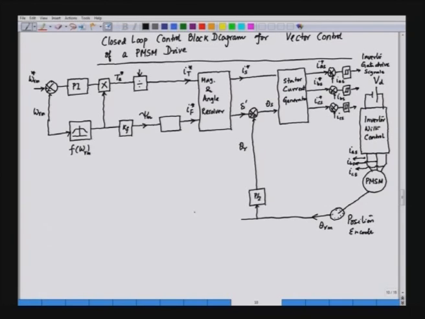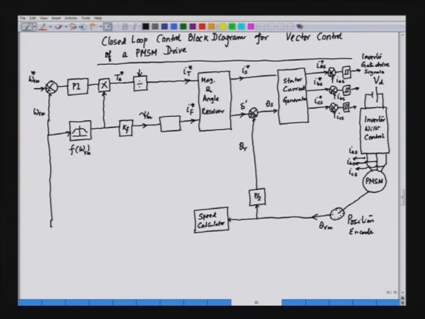So, we have here the speed calculator, to which we feed this theta Rm, and what we obtain out of this is the mechanical speed of the rotor, that is omega Rm, and the same speed is fed back here.